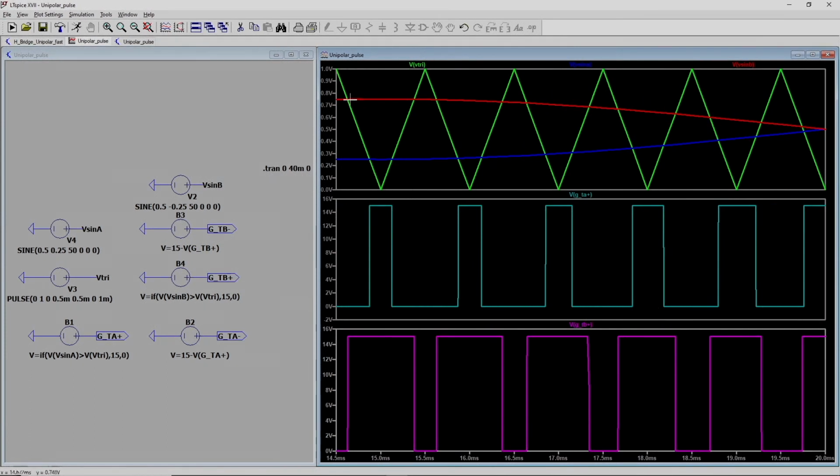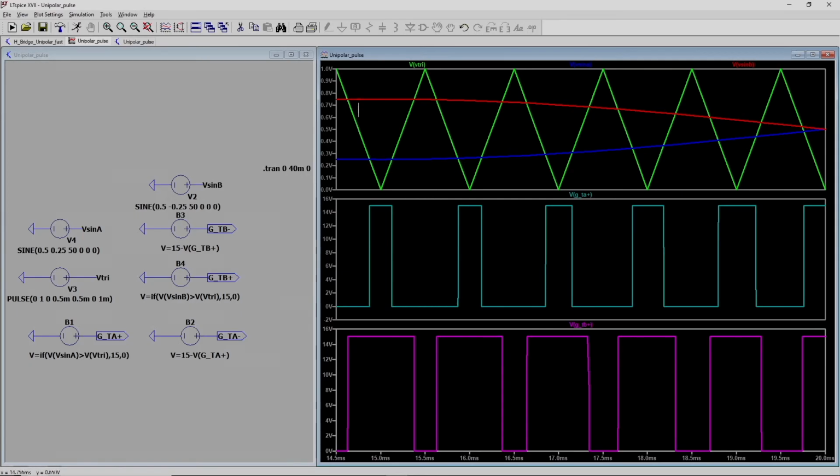You can see over here that whenever the reference is greater, this switch is going to be turned on, and to turn on the switch the voltage that is chosen is 15 volt, and otherwise it is off.